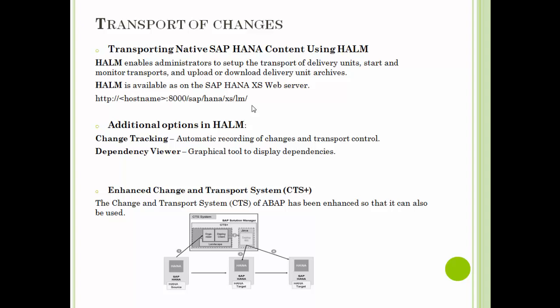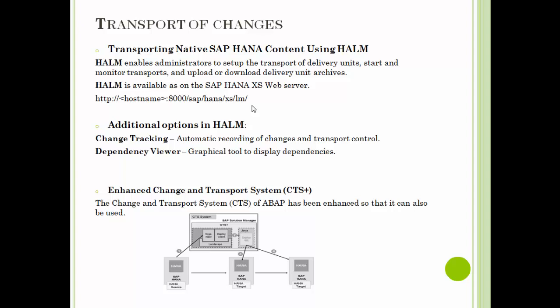And coming to application lifecycle management, it manages the HANA content and manages transports of the same. So here objects would be schemas, tables, privileges, roles, analytical views, attribute views, procedures, and calculation views. All these objects are regarded as transportable content.